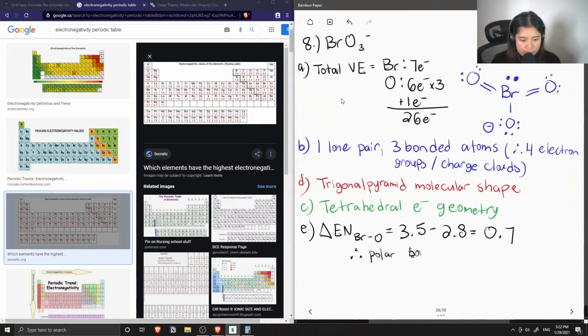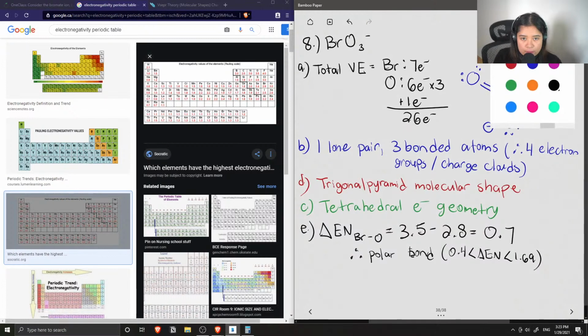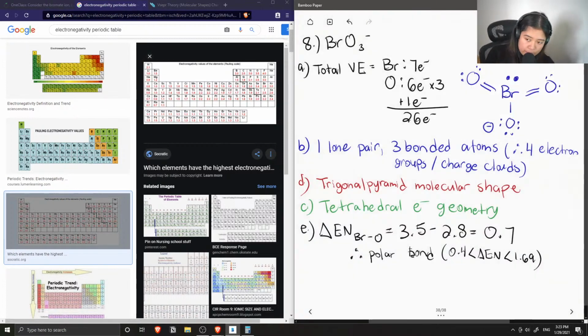And we know that because when we have a polar bond, this means that the electronegativity difference was greater than 0.4, but less than 1.69. So now that we know that the bromine-oxygen bond is polar, then we can draw dipole moments on our molecule in the direction of the oxygen.